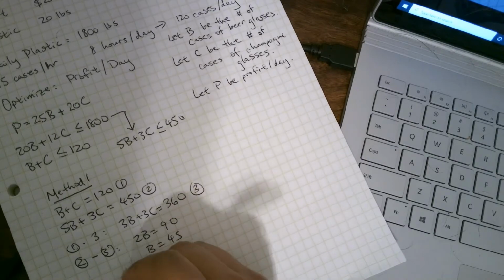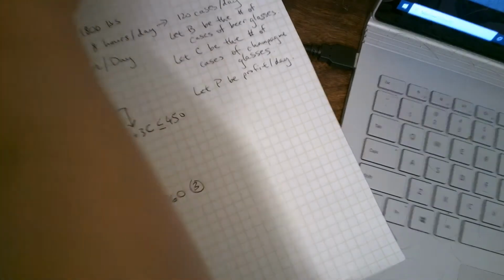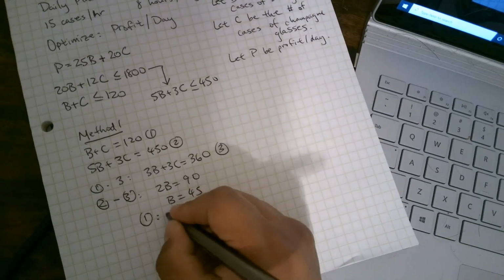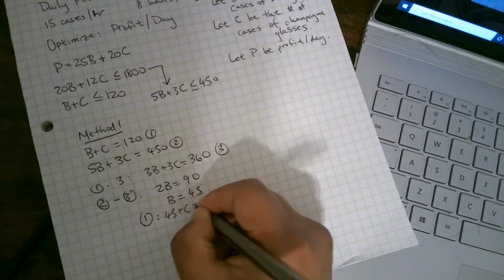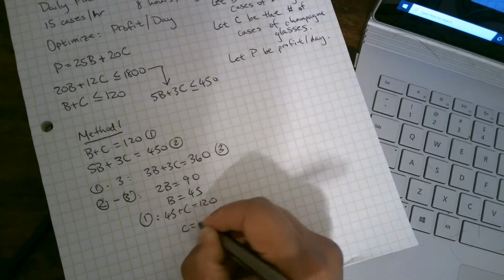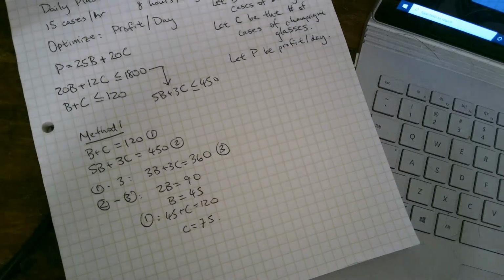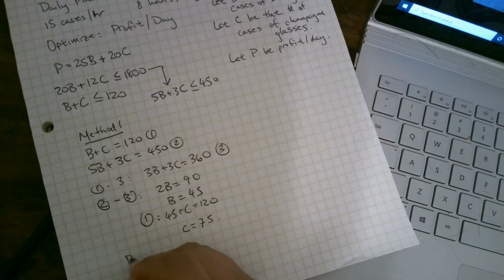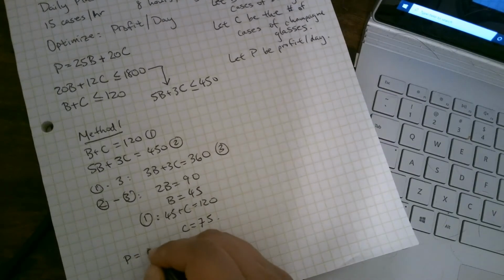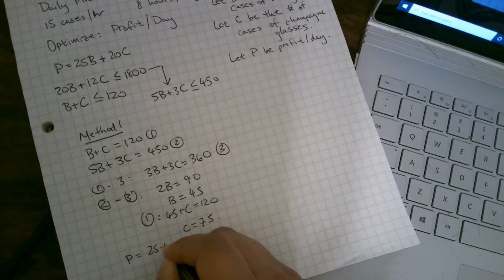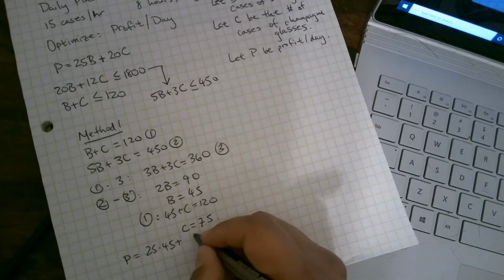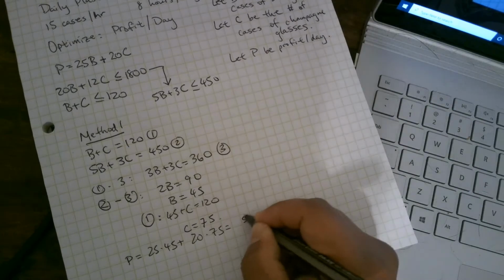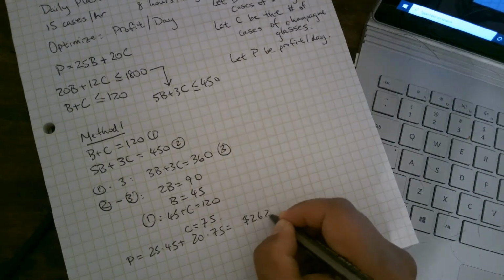And then if I look at equation 1 again, then I have 45 plus c is 120, therefore c must be 75. Okay, and then if b equals 45 and c equals 75, then the profit is 25 times 45 plus 20 times 75, which is $2,625.